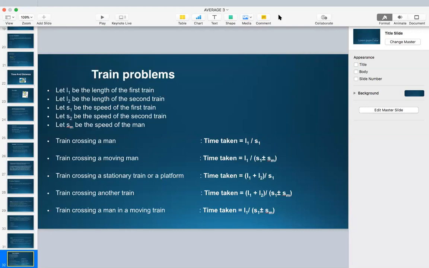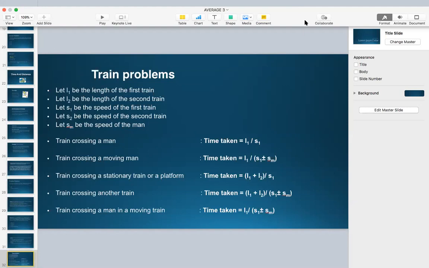We are just concerned with finding out the time taken by the Shatabdi train to cross you. Now, if you try to imagine that scenario, in that duration, the length covered by the Shatabdi train will actually be the length of the Shatabdi train itself, right? Yes or no?